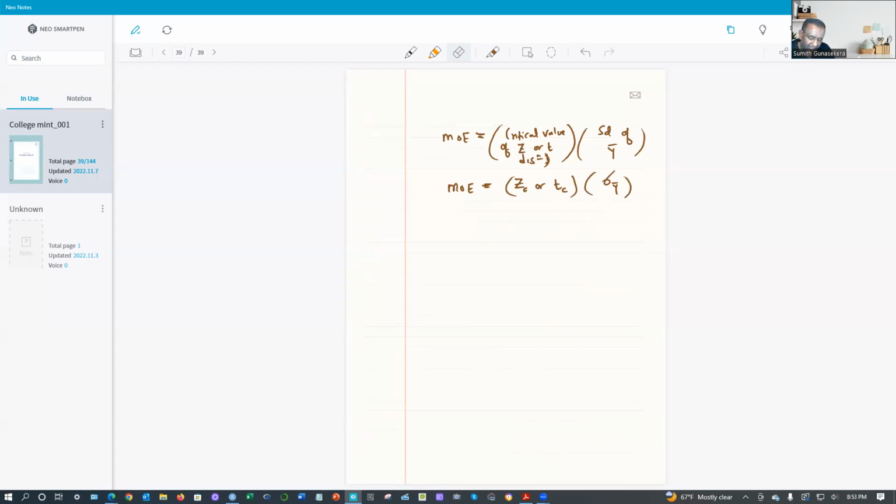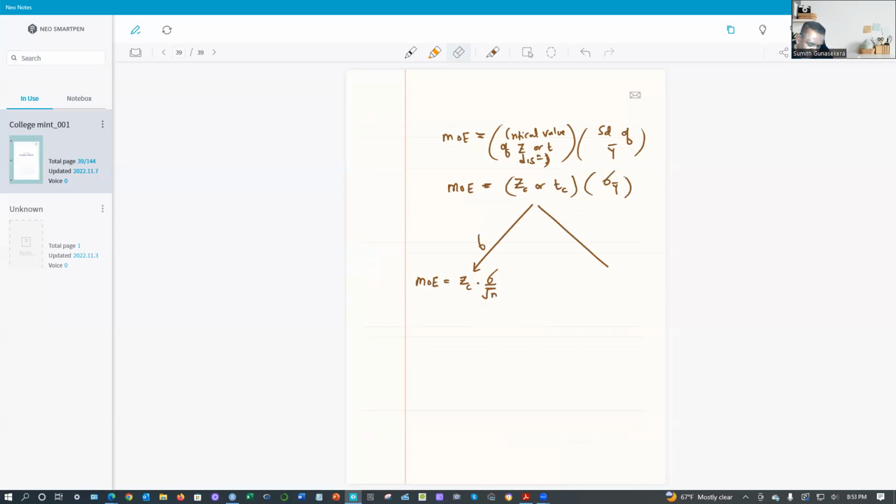From here, I'm going to split into two cases. If you use Z critical, the margin of error becomes Z critical times sigma over square root n. If sigma is known, you can use that one.